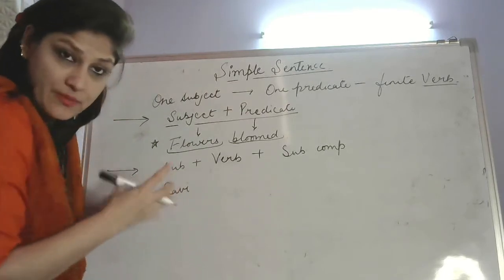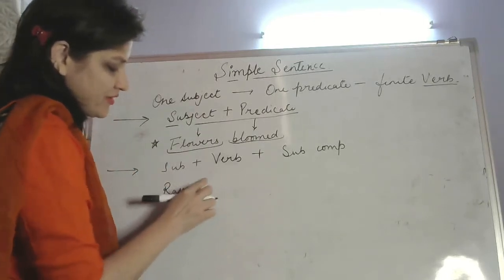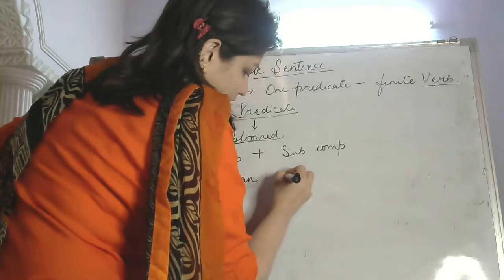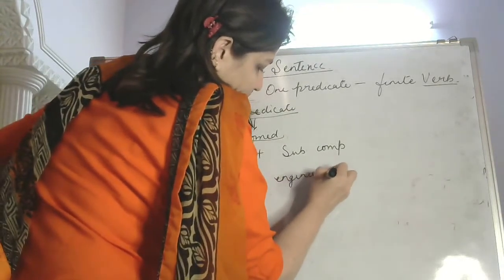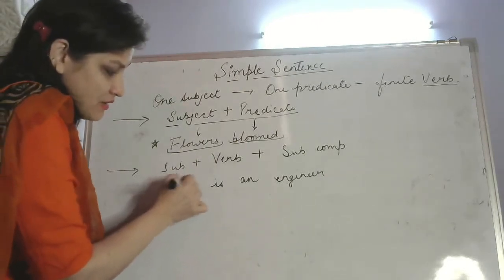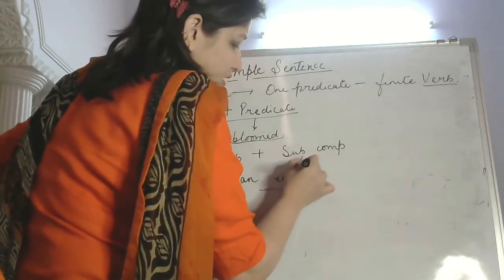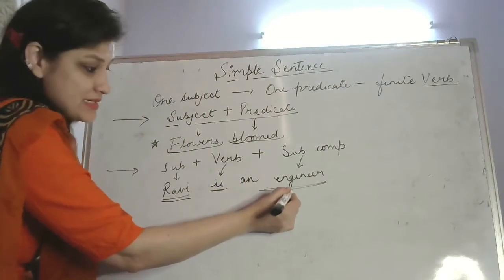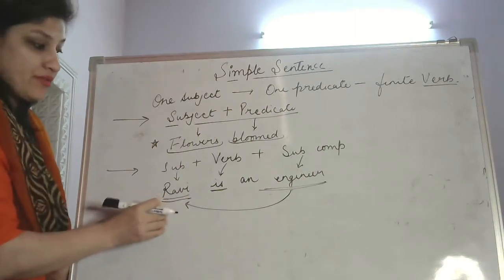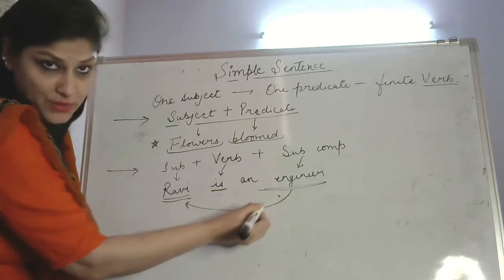I hope you understand about the person or thing that we're talking about. So Ravi is an engineer, right? So what we've done, we have Ravi as a subject, then we have is as a verb, and an engineer is a subject complement. Means this complements the subject. Clear? So who is Ravi? Ravi is an engineer. We have got subject, verb, and subject complement.